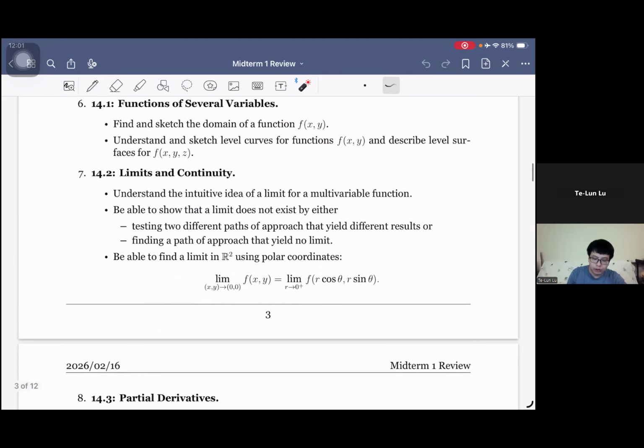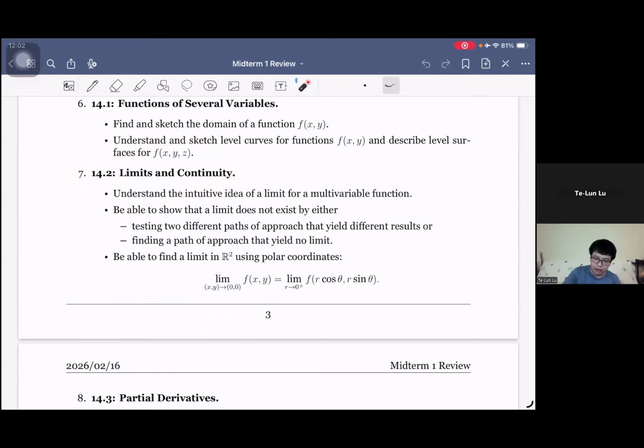For 14.2, I know this is a part that you struggle with a lot. I hope that I helped you understand the intuitive idea of a limit. Basically, it is saying that a function approaches some number L whenever the point approaches some point (a, b) or (a, b, c), depending on your dimension. So the function sort of behaves nicely when your x, y, your argument, goes through some point.